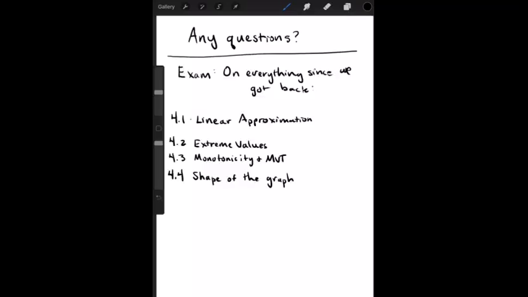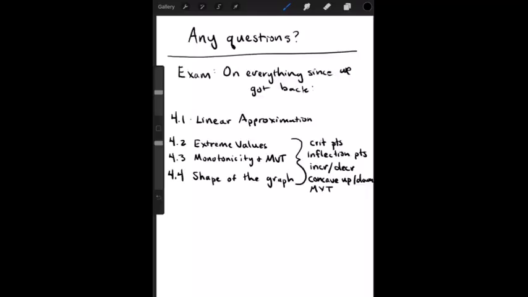And so this is all sort of one chunk, like critical points, inflection points, increasing, decreasing, concave up and down, and then of course the mean value theorem.